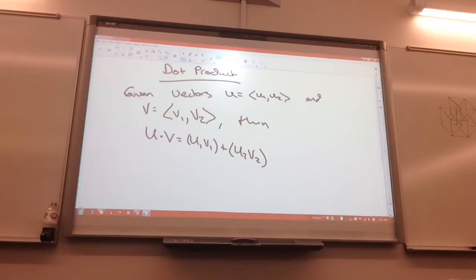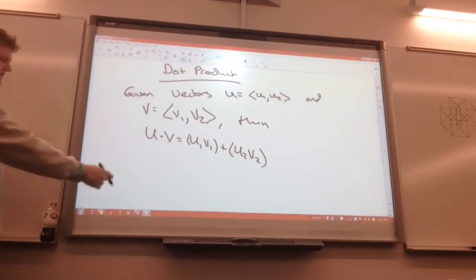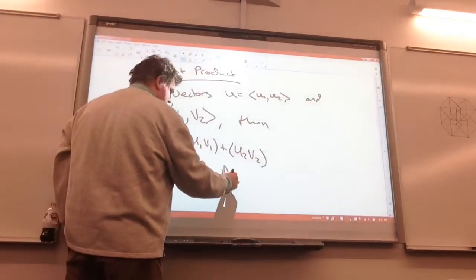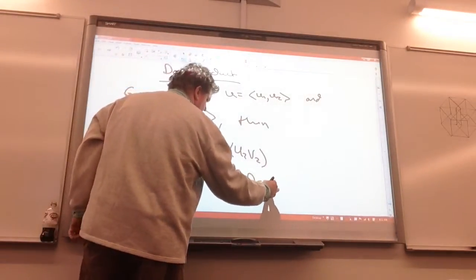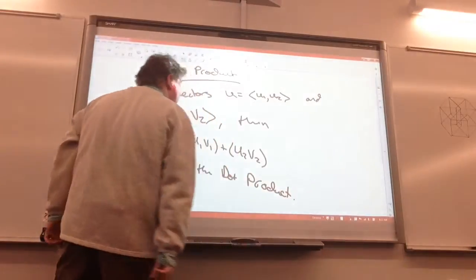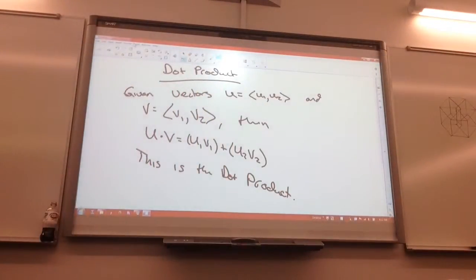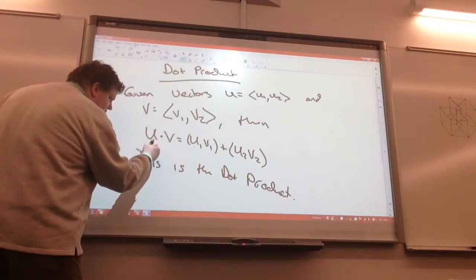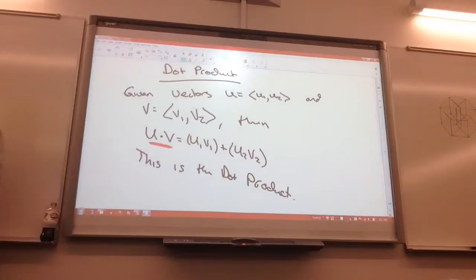Now, this is the dot product. I want to be very careful with the notation here. The dot product actually uses the multiplication dot. So if you're dealing with vectors and you see the dot in between two vectors, that's specifically saying do a dot product.